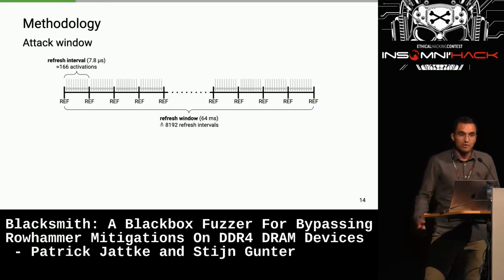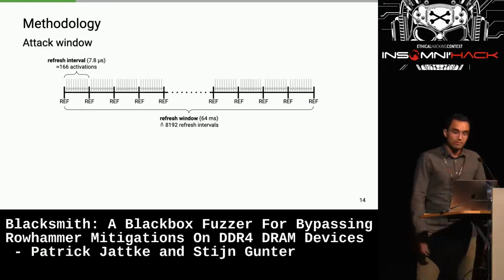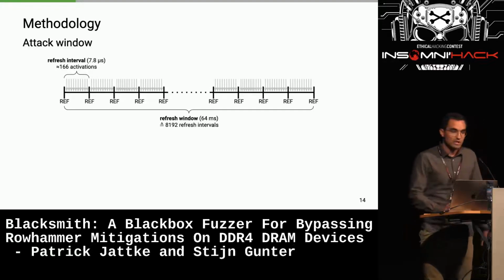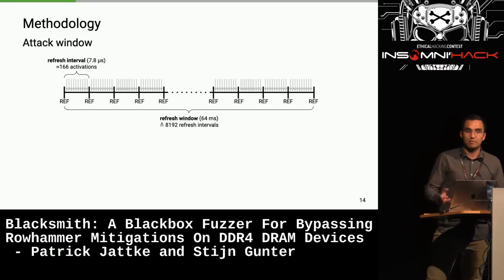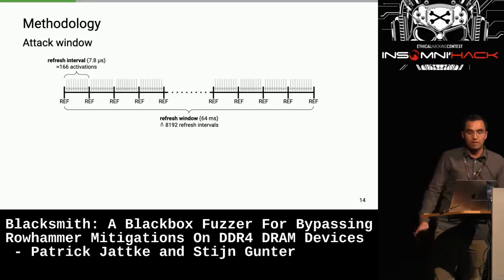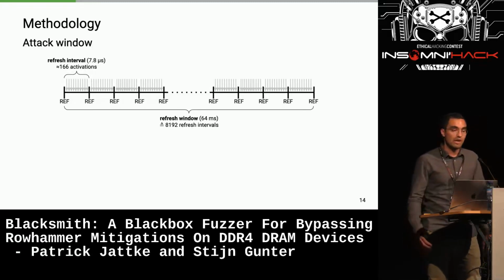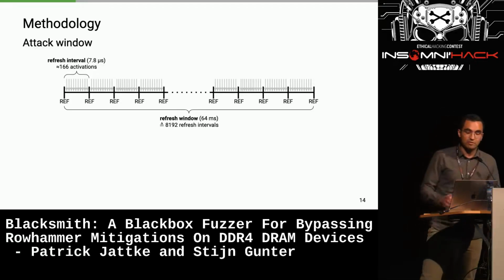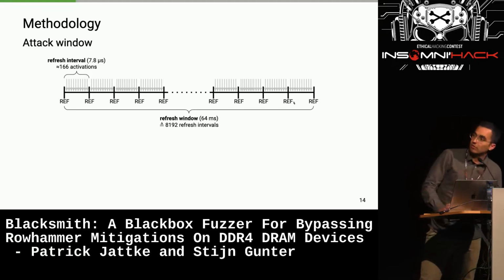To give you a better understanding of Rowhammer, let me illustrate the problem from an attacker's perspective. I mentioned before that DRAM is dynamic, right? You have to refresh these rows in order not to lose the information. And it is a synchronous protocol, which means that all commands must adhere to specific timing requirements. Each cell in a DRAM device must retain the information for 64 milliseconds.